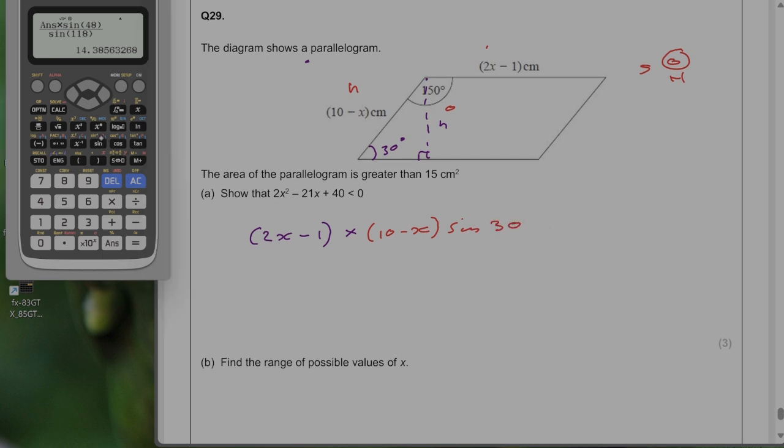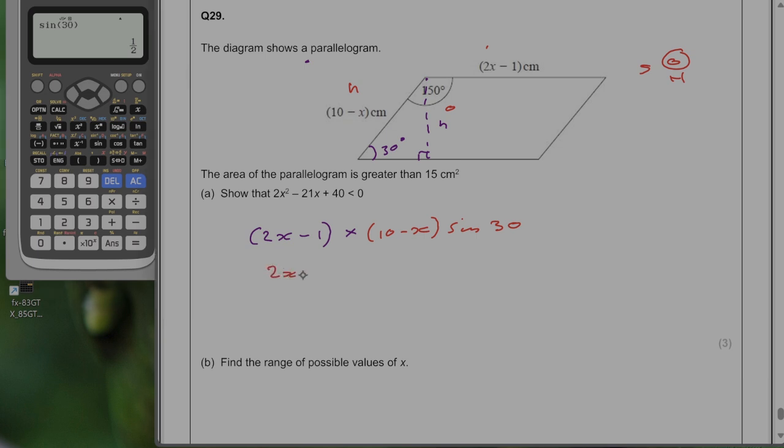So sine 30 is a half. So that leaves us with then 2x minus 1 times by 10 minus x all over 2.